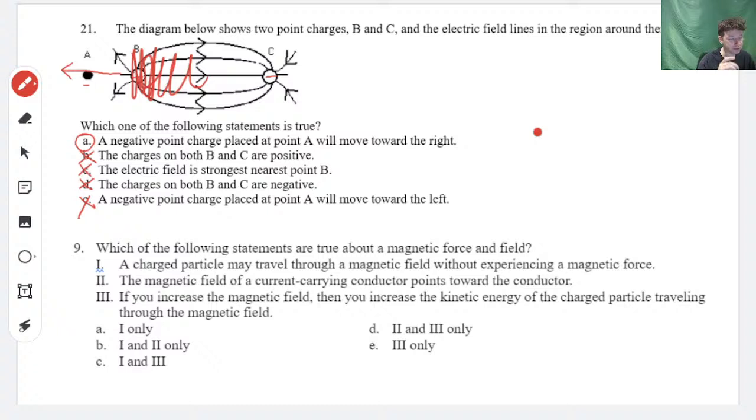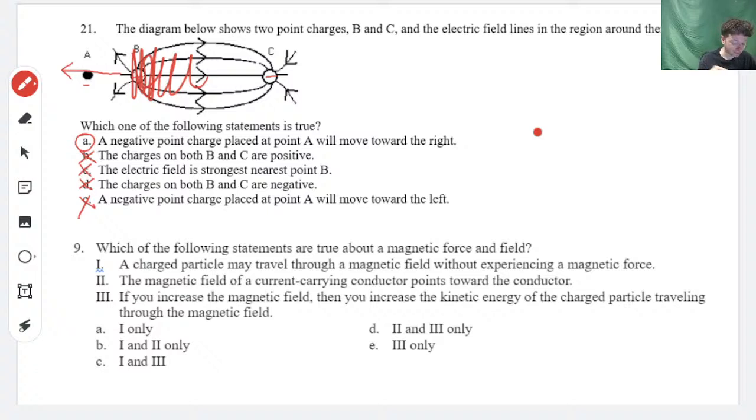Okay. Next, question 9. Which of the following statements are true about a magnetic force and field? So we got 3 statements, 1, 2, and 3. Number 1. A charged particle may travel through a magnetic field without experiencing a magnetic force. Yes, it can happen if the charged particle is moving parallel to the magnetic field.